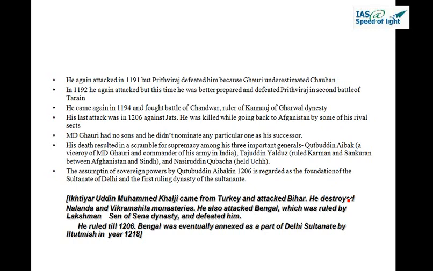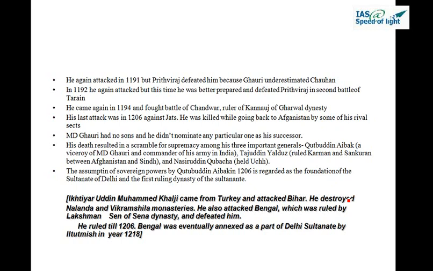Now come two very important years in the history of India, the first battle of Tarain and the second battle of Tarain. Muhammad Ghori's possession of Punjab and his attempts to advance into the Gangetic Doab brought him into direct conflict with the Rajput ruler Prithviraj Singh Chauhan, whom we have discussed at the start as well.